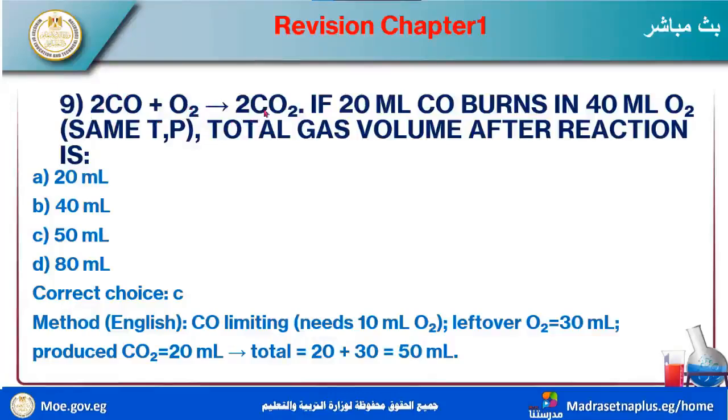Now we discuss it. I have 20 mL of carbon monoxide, this is actual, and 40 mL of oxygen, this is actual. Now, the method here: when you calculate the number of moles for carbon monoxide, 20 over 24 or 22.4, if you want, I will use 22.4.